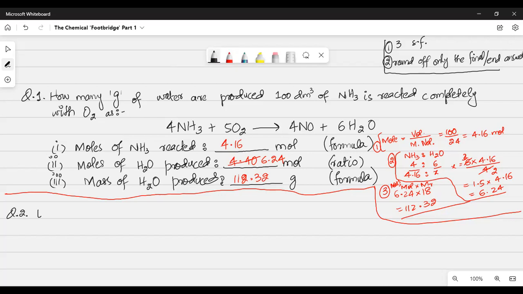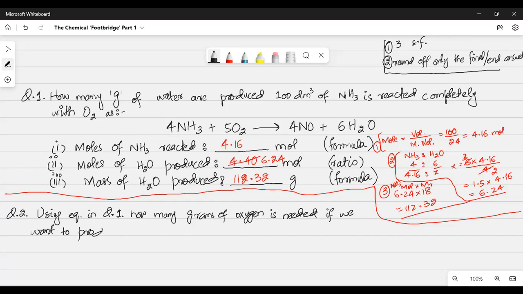So for question two, using the equation in question one, okay, this is kind of like reverse.